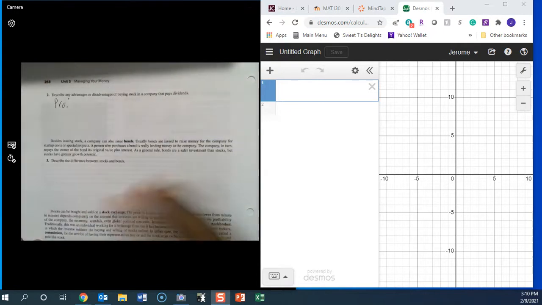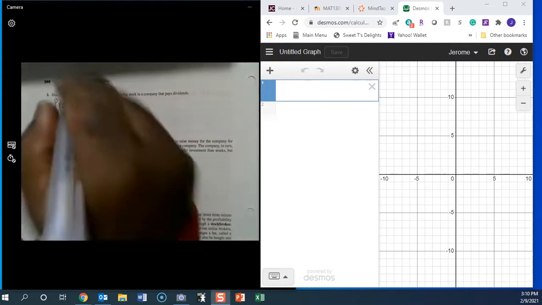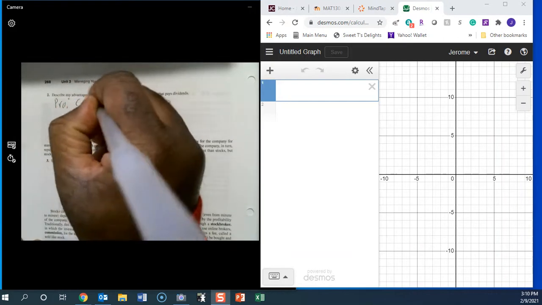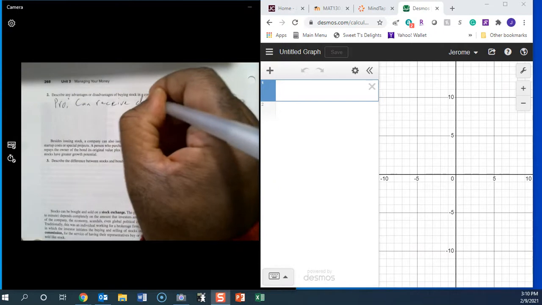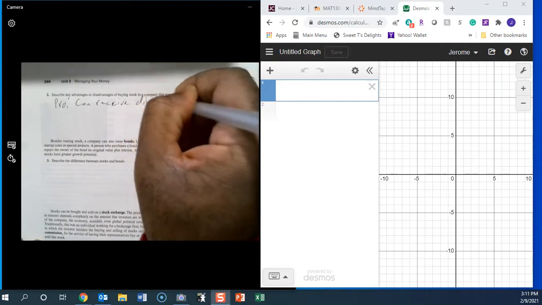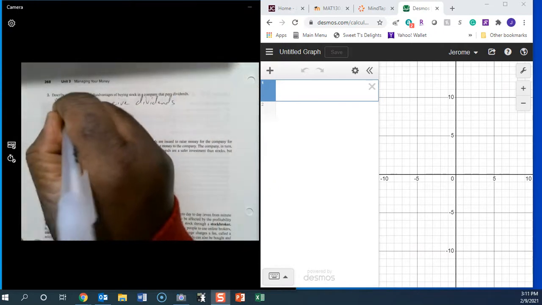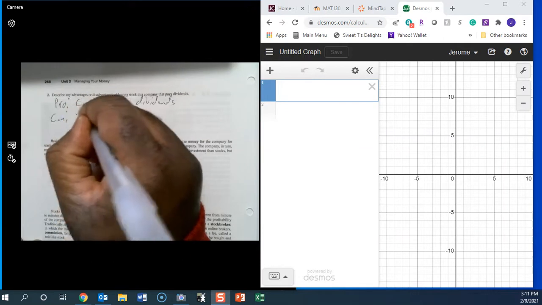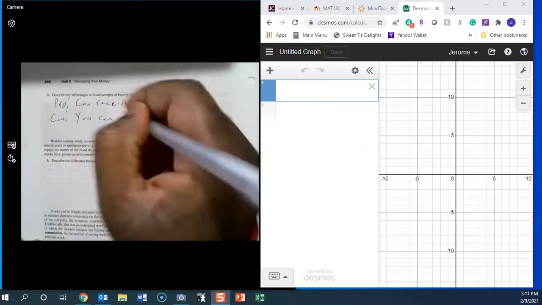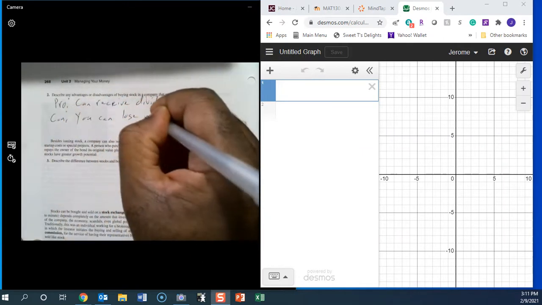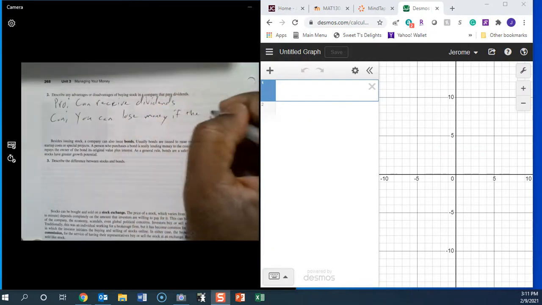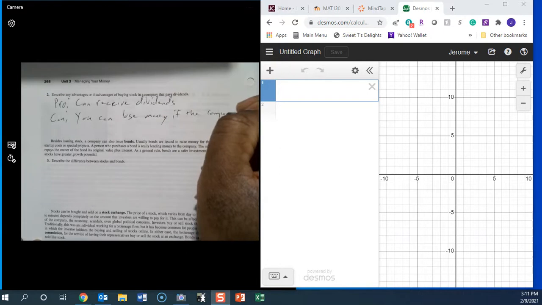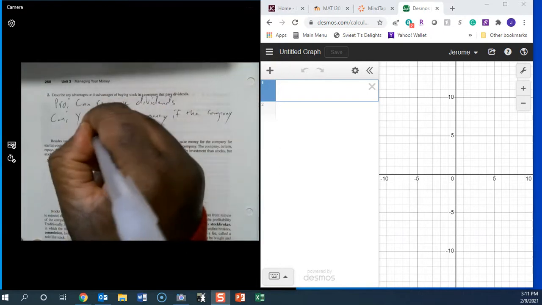One pro about owning stock in a company, you could receive dividends. The con, you can lose money if the company is not doing well.